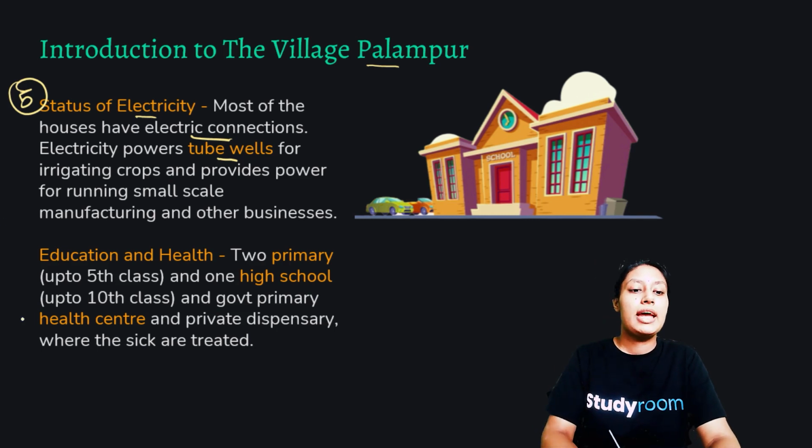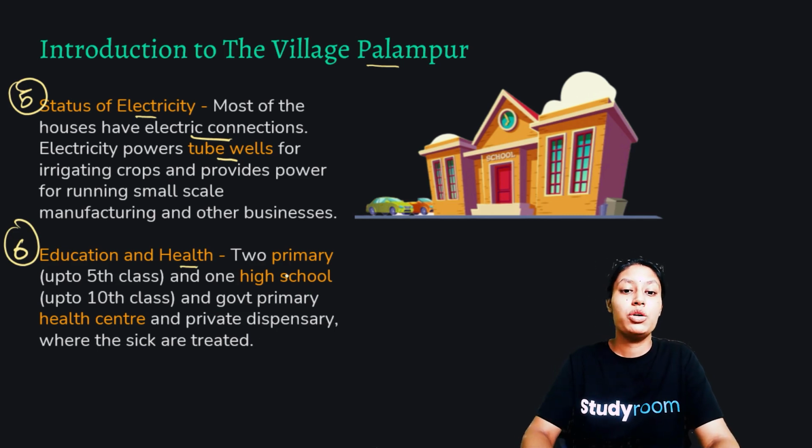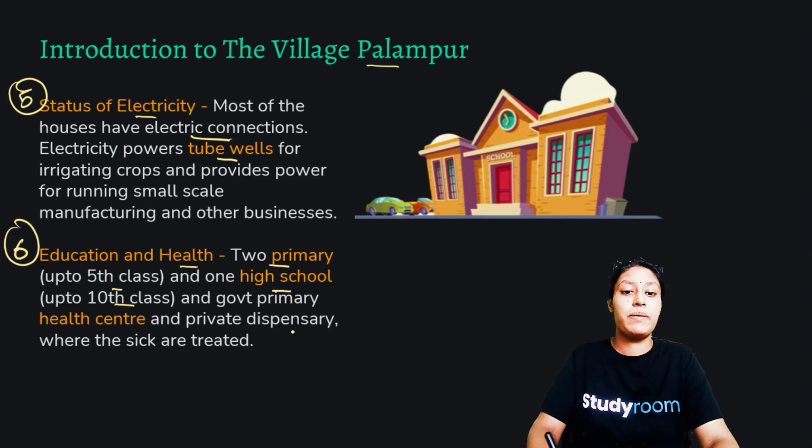All right. Sixth point here is education and health, two very important factors for any village. So there are two primary schools. Primary schools are up to fifth class, and one high school up to 10th class, so that students of Palampur can study and avail education.